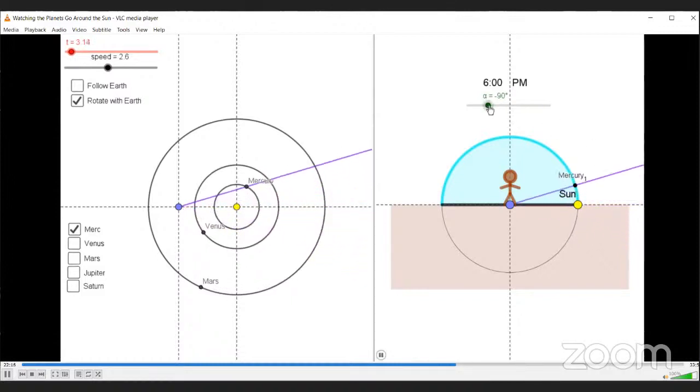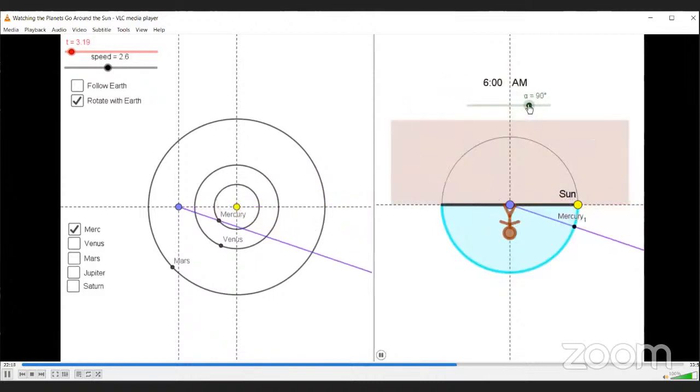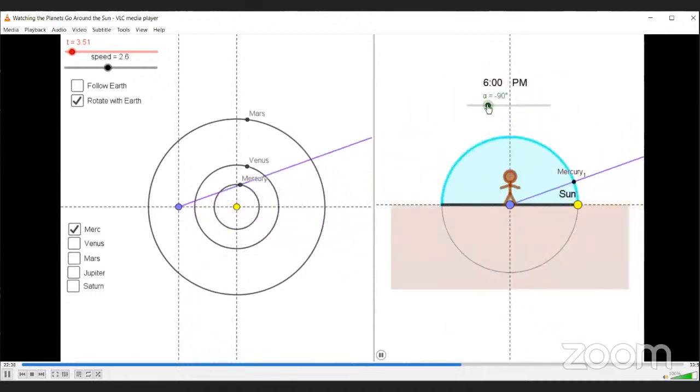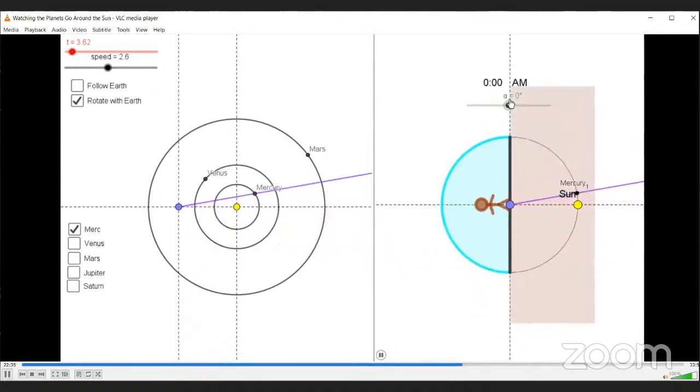We say that because if we turn our Earth around until we're in the morning hours, so here we are at 6 a.m. instead of 6 p.m., notice that when Mercury is on this half, it's up in the morning sky. And then if it's up in this half, it's up in the evening sky. If we go out at midnight, we're never going to see Mercury because it never gets over here. It's always in the direction of the sun, never outward from the sun.